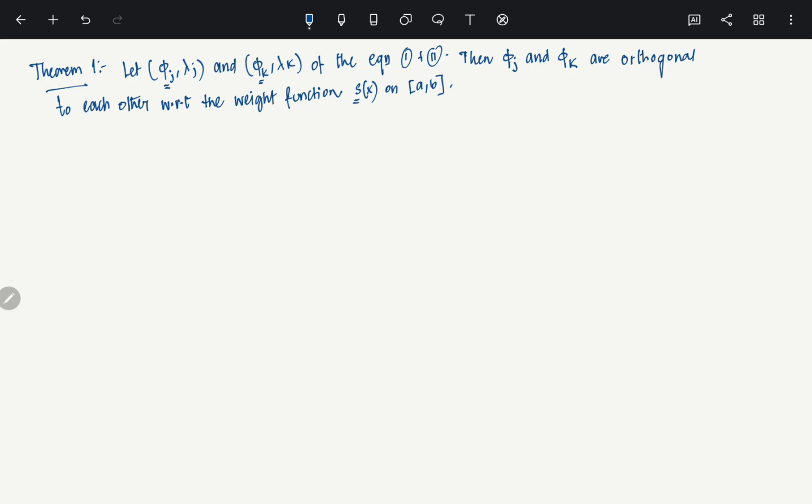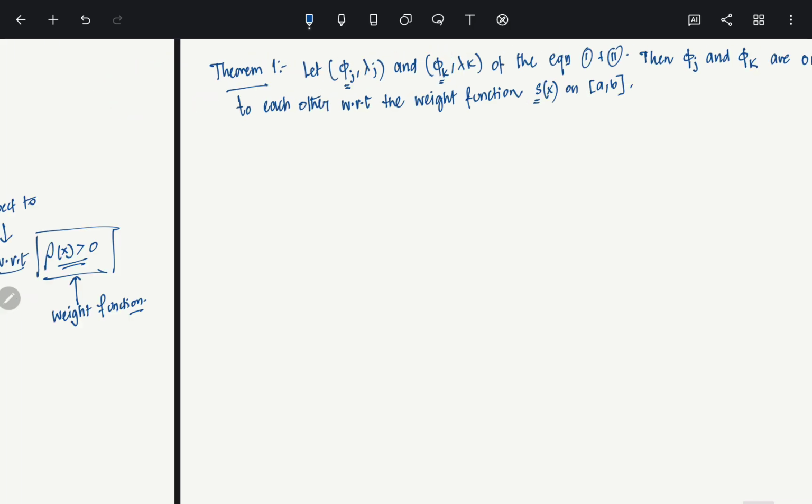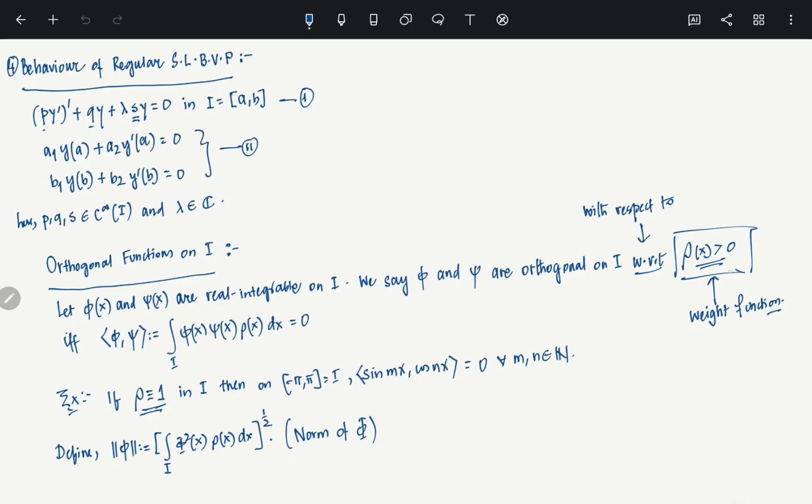Is that clear? Now if I am writing something like this, then s of x has to be positive. The weight function is positive all the time. If you remember, while doing the problem we also assumed that s is positive. So let's just put this as an extra assumption: s positive. I hope this is clear.